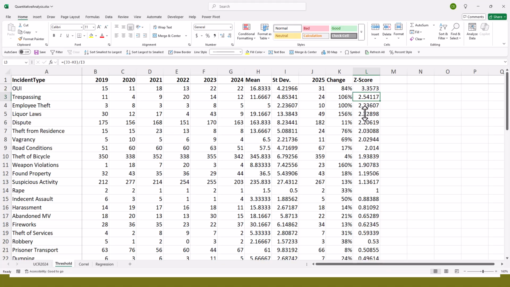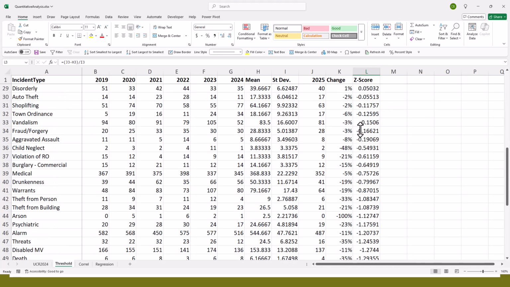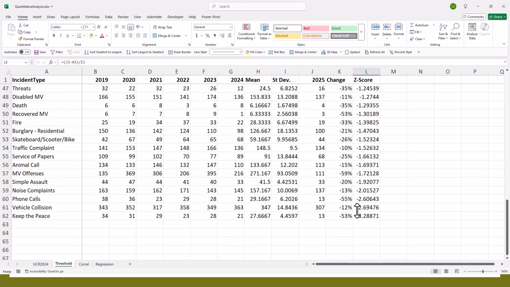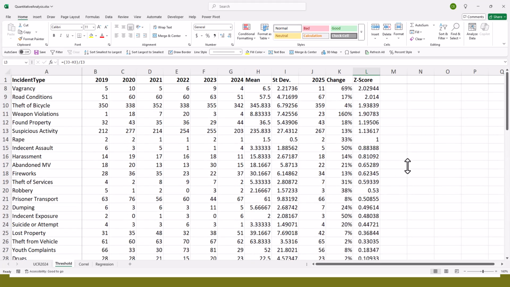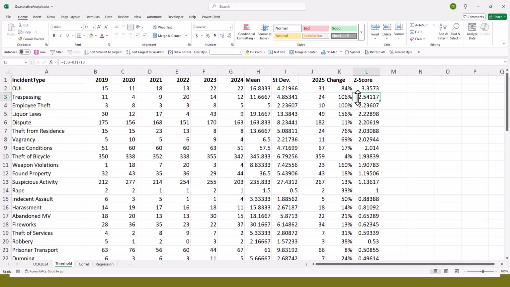Why is trespassing so up? We'd have to go look at the data. We'd have to do more analysis on these categories. But this system helps us determine what we need to focus on. Sometimes it's a sign of a serial offender who's come to town that causes numbers to go so high.